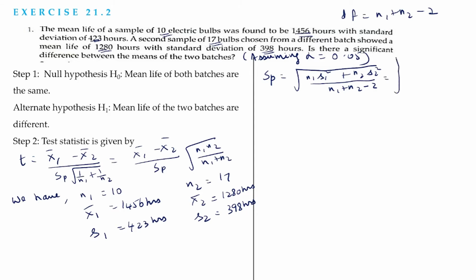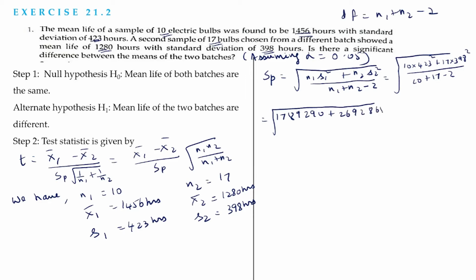So Sp is equal to root of 10 into 423 square plus 17 into 398 square upon 10 plus 17 minus 2. So this is equal to root of numerator, when we simplify, we get 17,89,290 plus 26,92,868 upon 25.